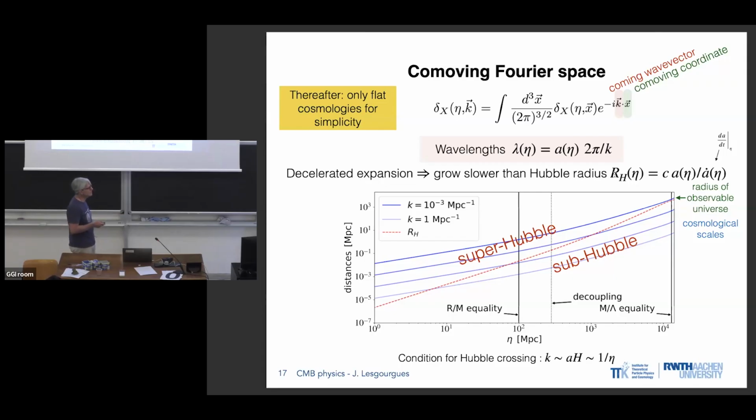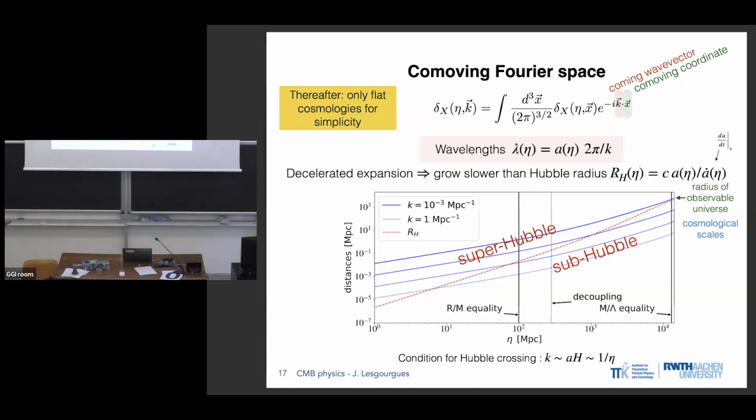So today they are sub-Hubble, but when you solve the equation, you realize very easily that in stages with decelerated expansion, like radiation and matter domination, the Hubble radius must grow faster than the wavelengths, which means that when I extrapolate back in the past, my observable wavelengths were super-Hubble. They entered inside the Hubble radius one after each other, starting from the smallest one. And this will play a big role in the understanding of linear perturbation theory.